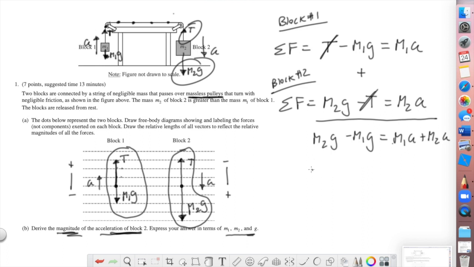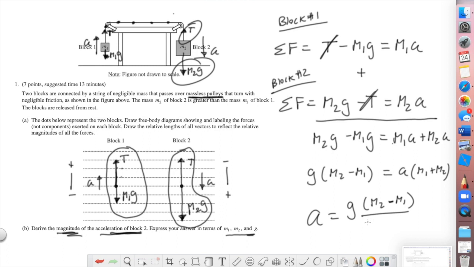Simplifying this out, we're going to get G(M2 minus M1) equals A(M1 plus M2). So the acceleration comes out to be G(M2 minus M1) divided by (M1 plus M2). And this is the answer to the question.